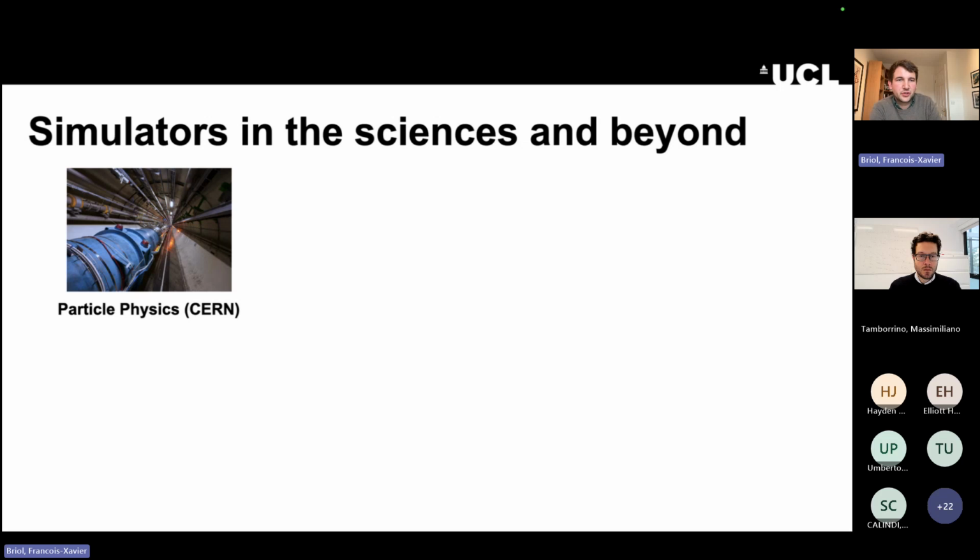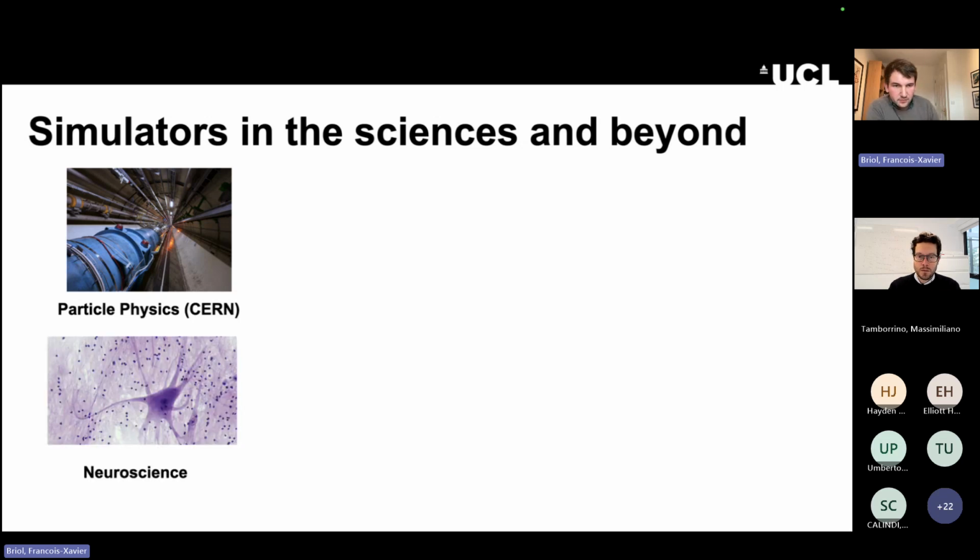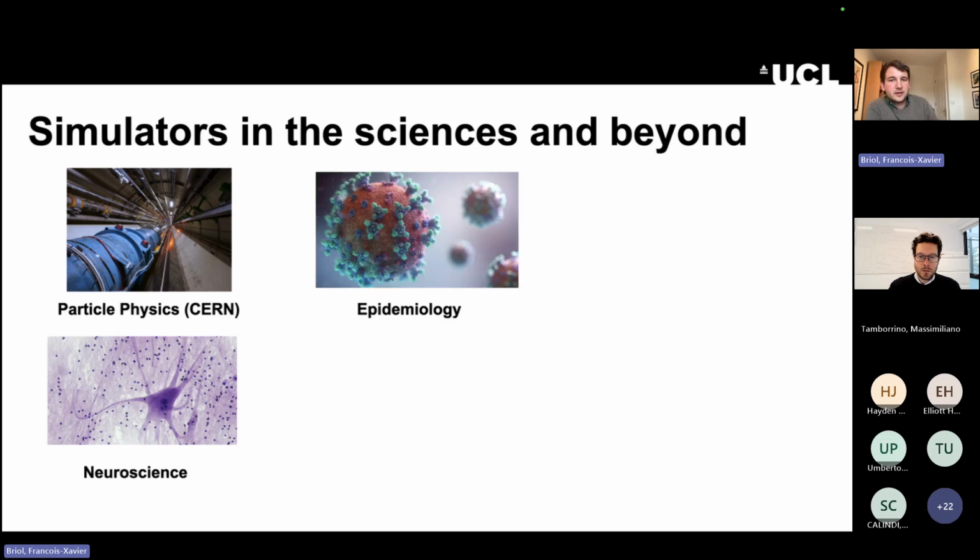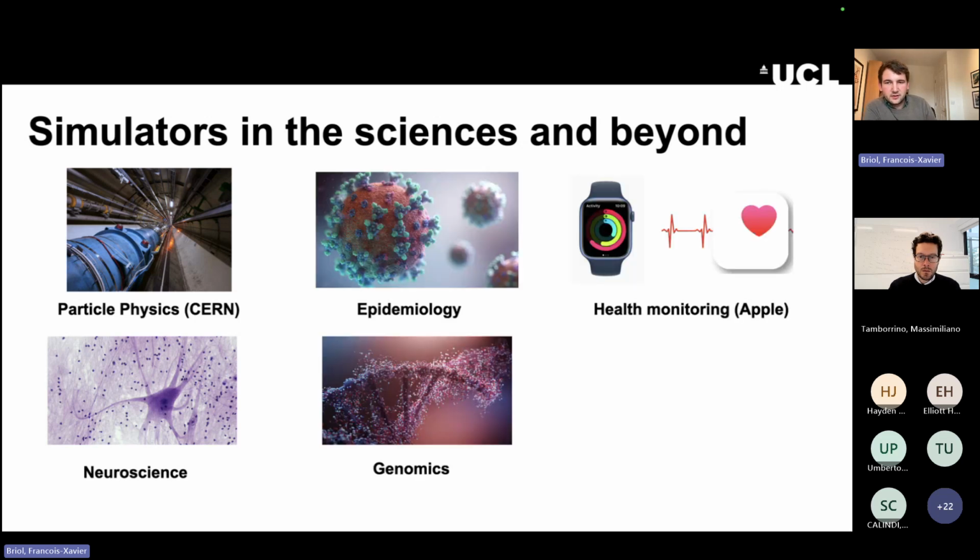Okay, so let me just give some ideas of where you might find simulators. So for example, simulators are used at CERN. So I've just read something about how people are starting to use simulation-based inference for particle physics at CERN. It's been used for a much longer time in neuroscience, in epidemiology, genomics.